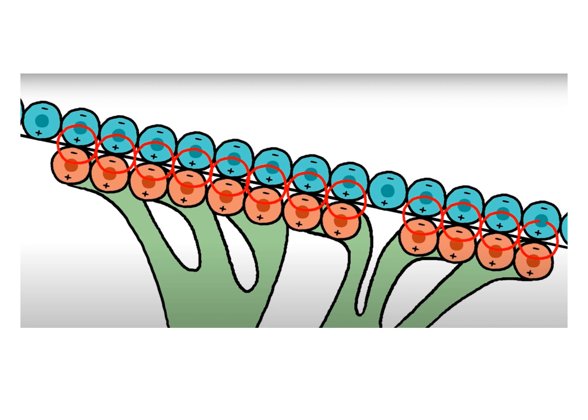The gecko has partial negative charges on the spatulas, the ends of its toes, and all of these add up together to form a really, really strong adhesive force. And that is why insects, and larger animals such as geckos, can walk upside down on surfaces, because they have lots and lots of London dispersion forces.